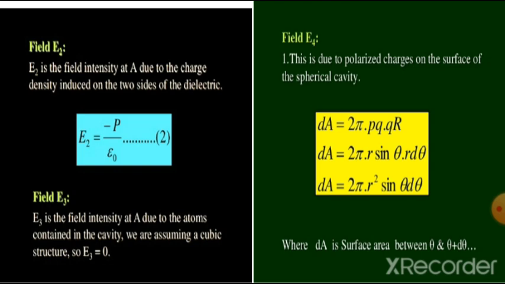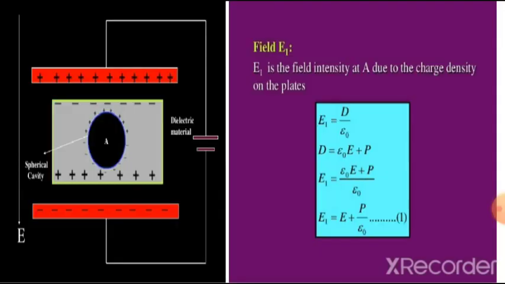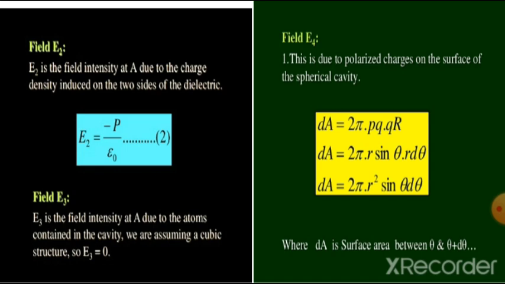Now E4 is the field due to polarized charges on the surface of the spherical cavity. From the diagram, dA is equal to 2 pi times PQ times QR, and dA is equal to 2 pi r squared sine theta d theta, where dA is the surface area between theta and theta plus d theta.